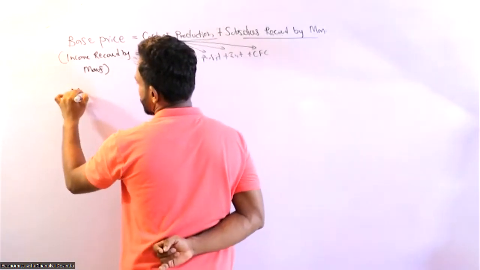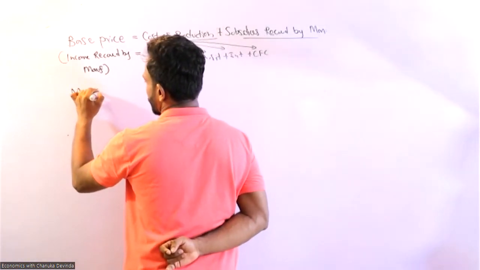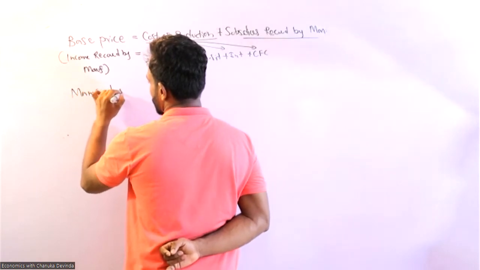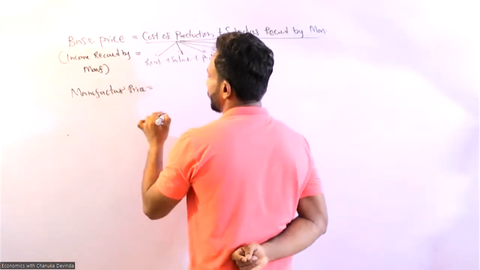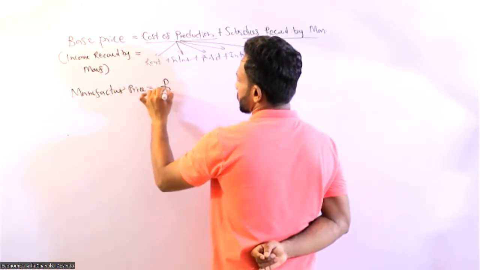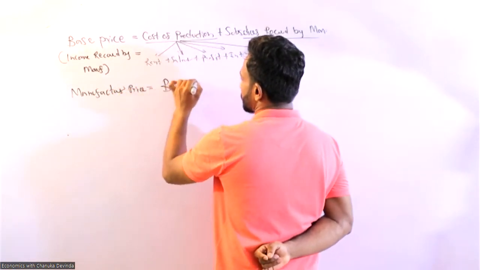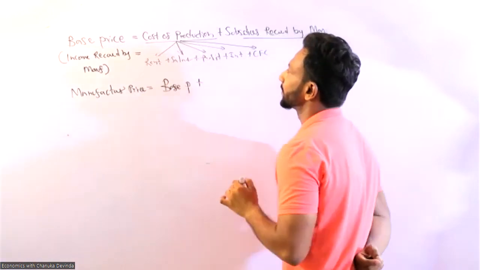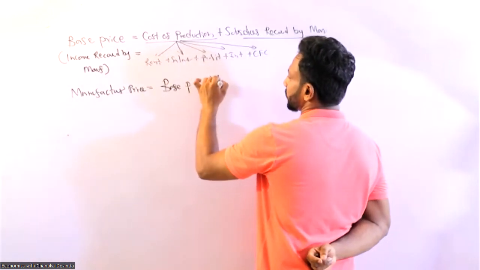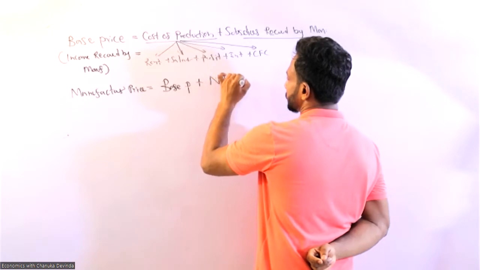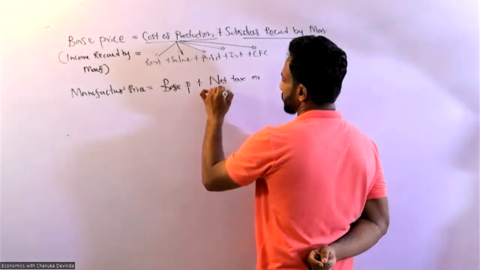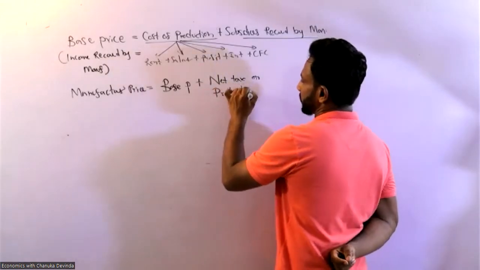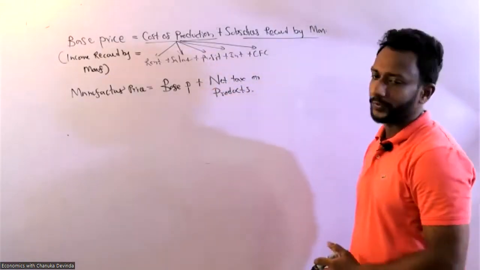So manufacturer's price equals base price plus net tax on products, right?